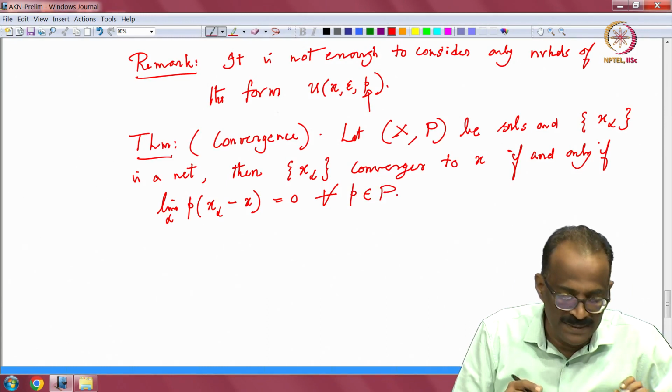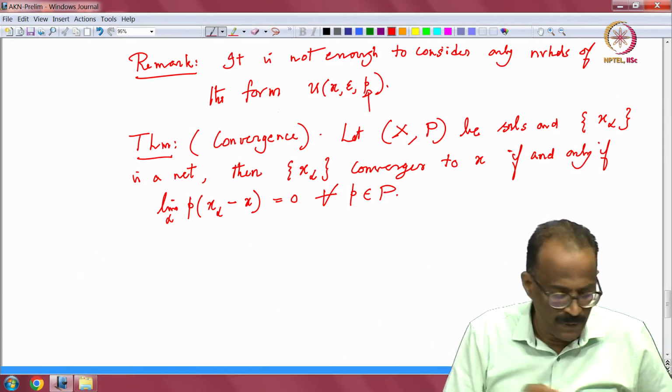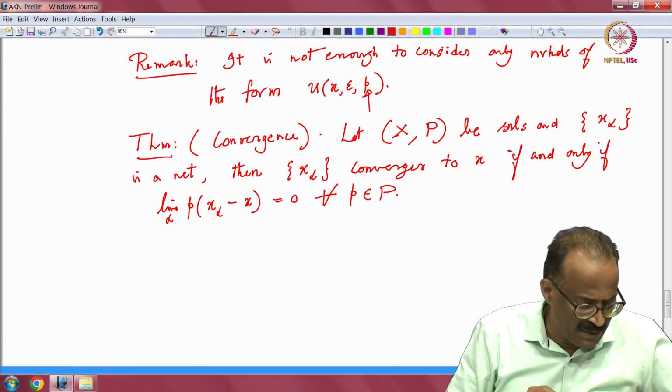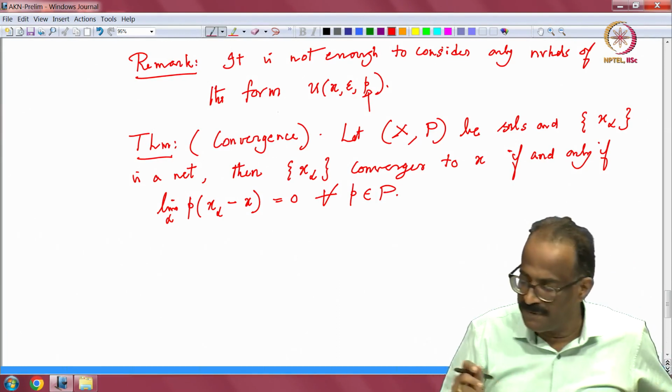As I said, you will see more examples related to that. So, with this general definition we may move on to now very specific examples.